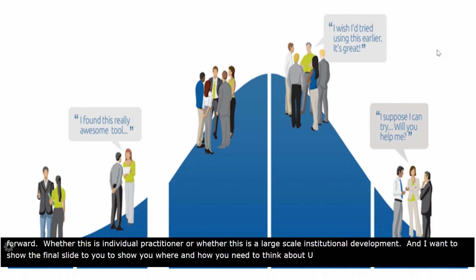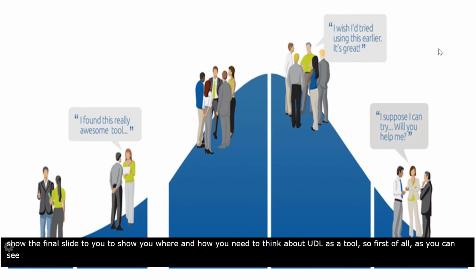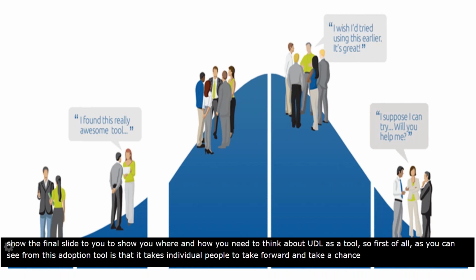So first of all, as you can see from this Gladwell adoption tool, it takes individual innovators, people that are listening to this, to take forward and take a chance of rolling out UDL. Those innovators do get joined by friends, and they are then the early adopters.